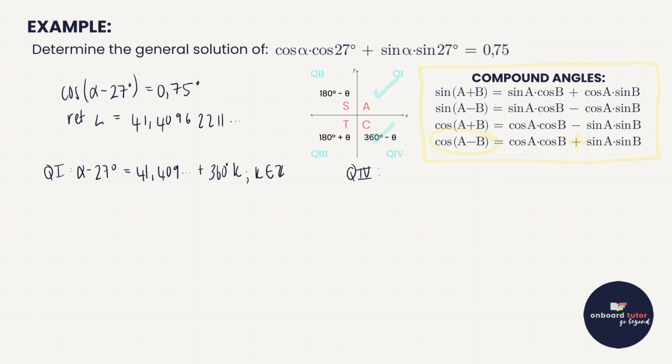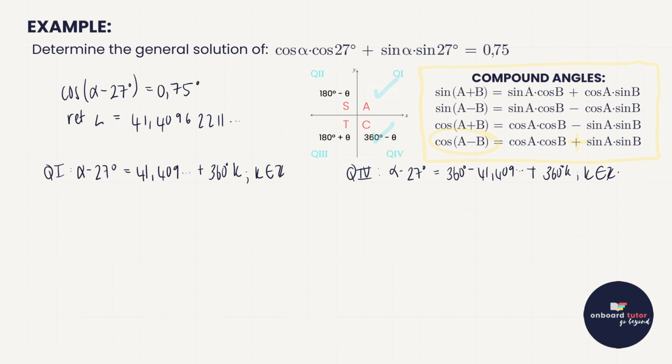In quadrant 4, our angle there, alpha minus 27 degrees, is equal to 360 minus my reference angle, 41,409 dot dot dot, plus 360k, k is an element of the integers.